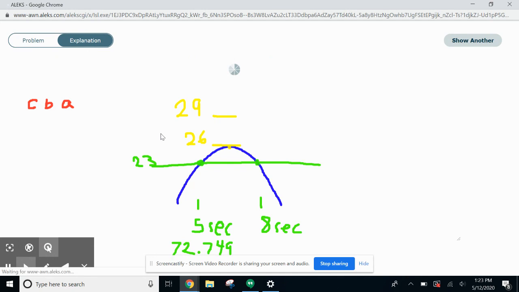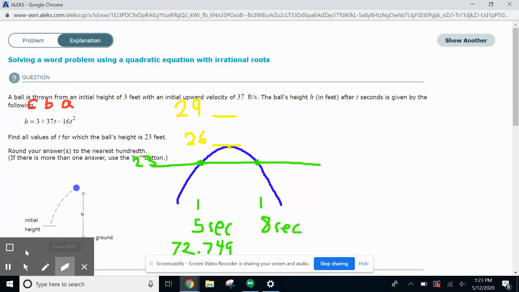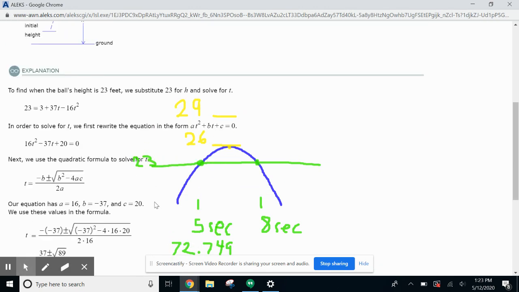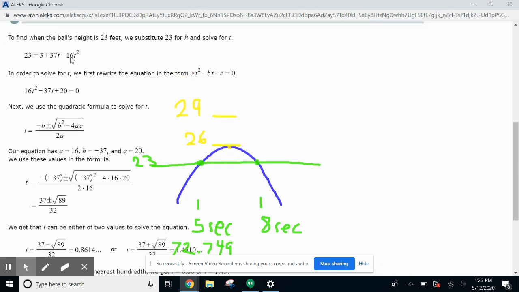So if I look at their explanation, let me see if I can erase all that. Nope, just the red. I don't know how that eraser works. So if I look, they took this, they set it equal to 23 for the height that we're looking for, not any of these other ones, but 23, okay? And so then when they do that, we'll solve it for 0, because that's what we want our roots for.